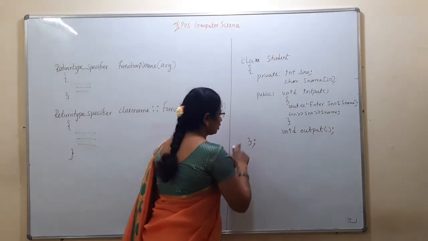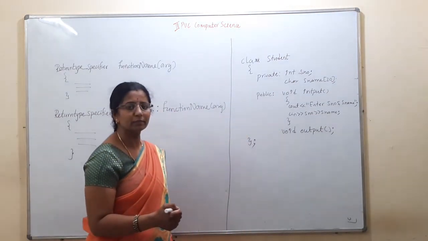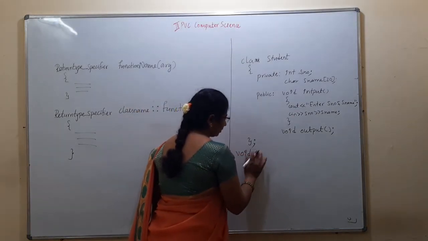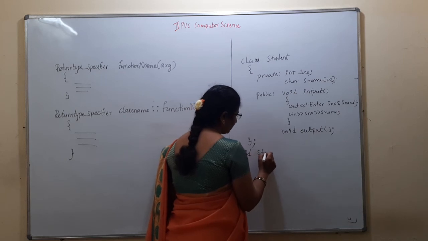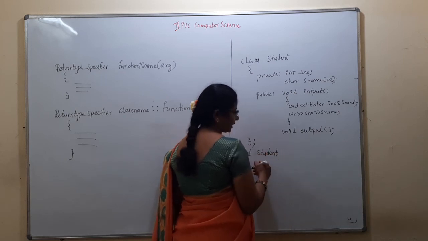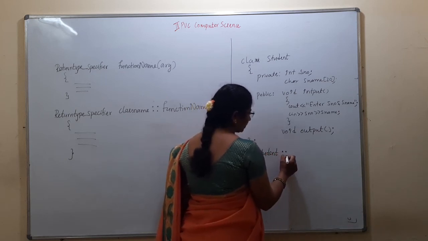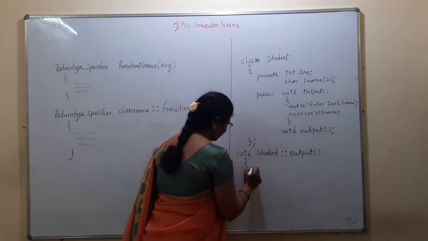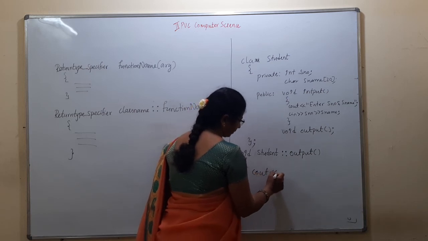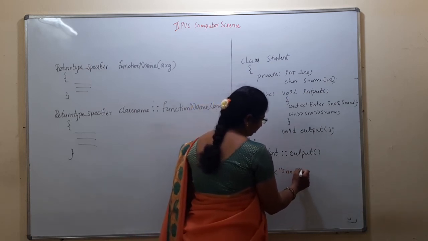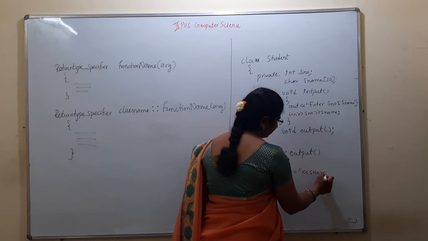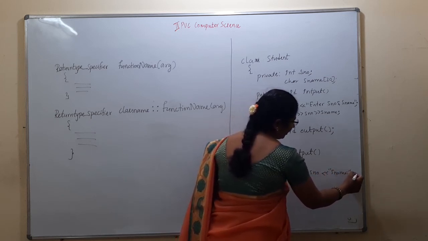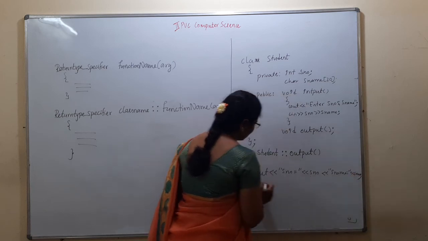Who will write the definition of void output? It's compulsory. You need to write void, class name student, according to the example I have given. So scope resolution operator, output. S number equal to the value in S number, S name equal to S name. See, endl and all is not compulsory here, students.